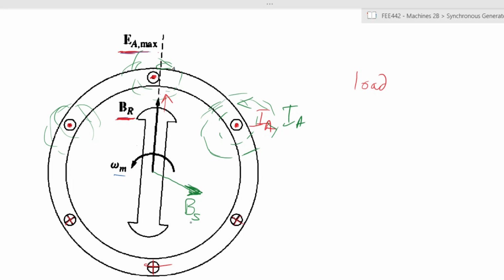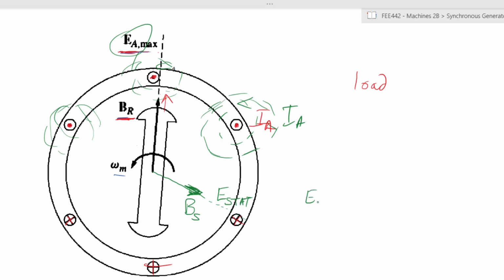Now, what happened when we had a magnetic field within the rotor initially? It came with its own internal generated voltage. The same thing happens here. You will now have a voltage that is created, but this is an armature reaction voltage, and it is a voltage because of the stator.